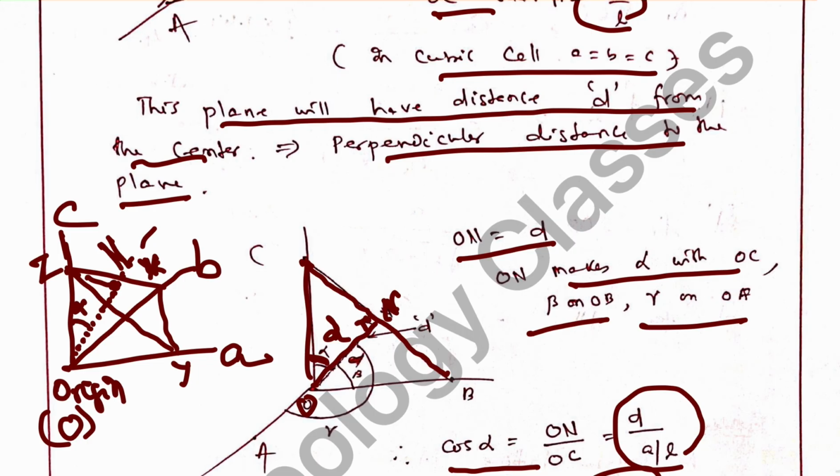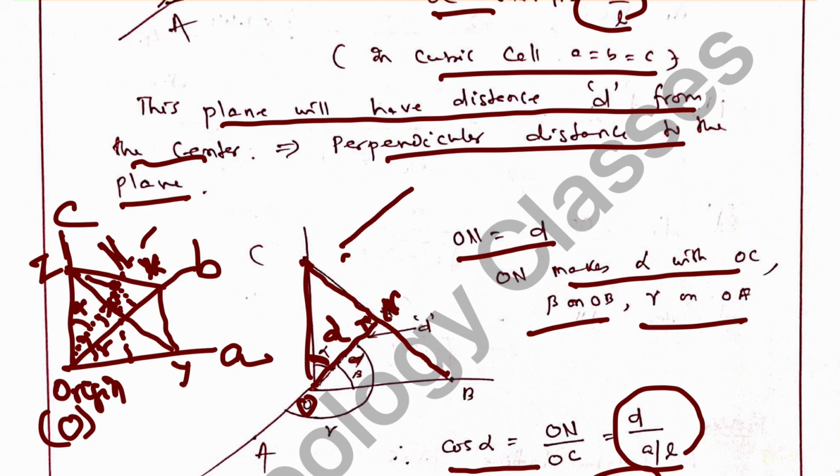We can draw this angle, which will be beta. We can draw this angle, which will be gamma. So we have right angle triangles.